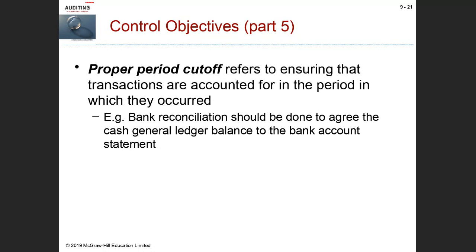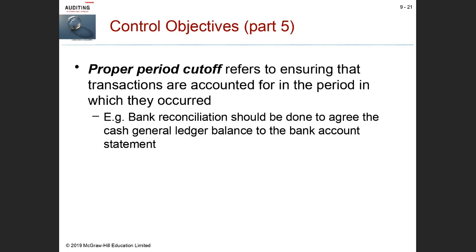So typically, with respect to a company's bank account, a bank reconciliation, okay? A bank reconciliation is an accounting procedure that ensures that the balance per the general ledger of the company has been reconciled or agreed to the actual amount of cash in the company's bank account at the bank.